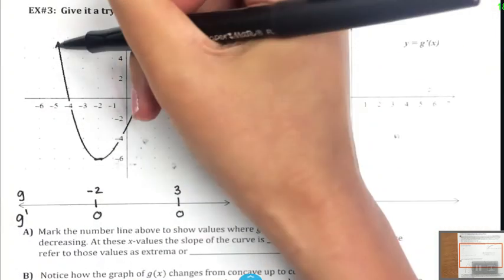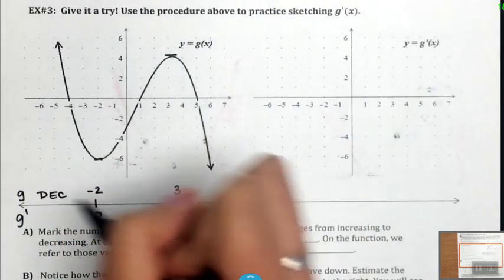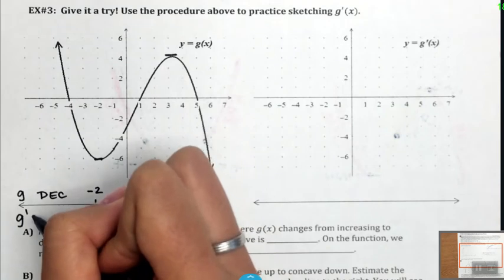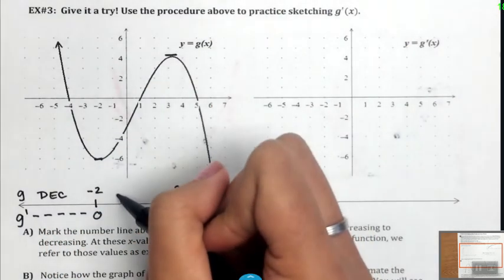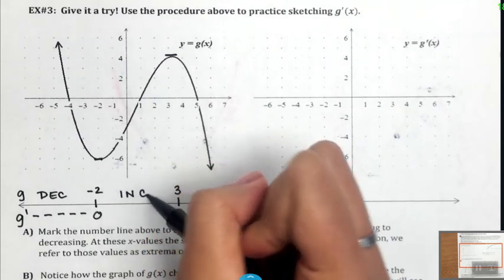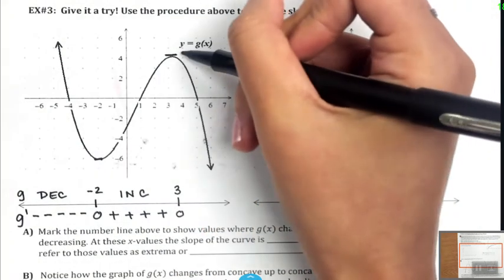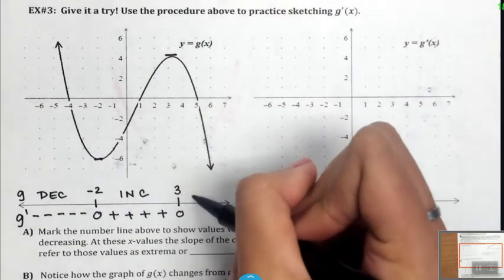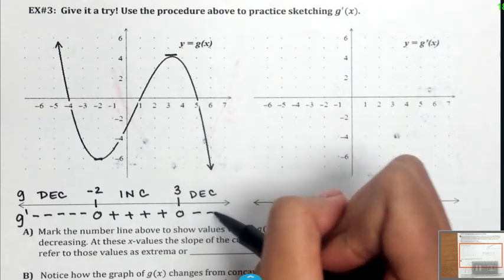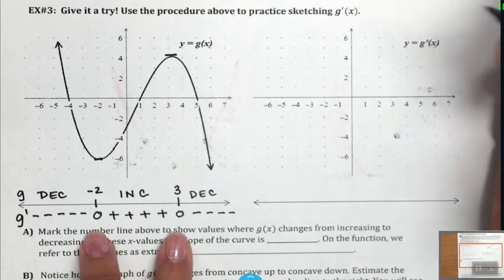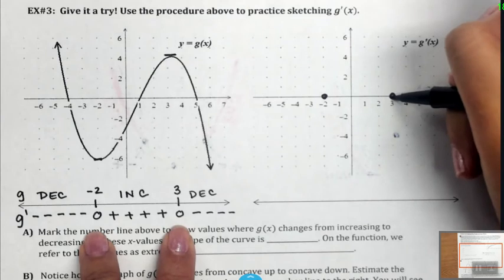Okay, right here on this side, G is decreasing. I haven't gotten there yet. So G prime is negative. Exactly. And then right here in between, G is increasing, which means G prime is positive. And then G is decreasing, which means G prime will be negative. Okay, so I should hit 0 at -2 and at 3.